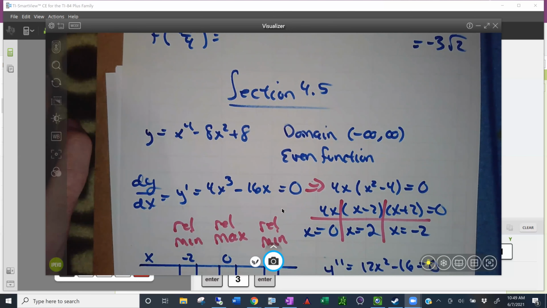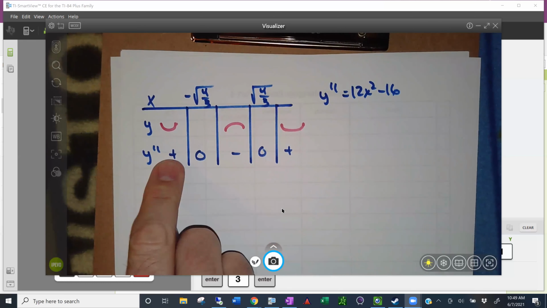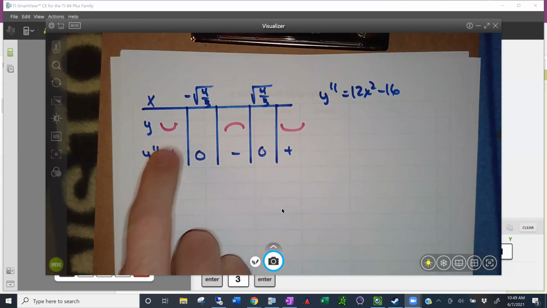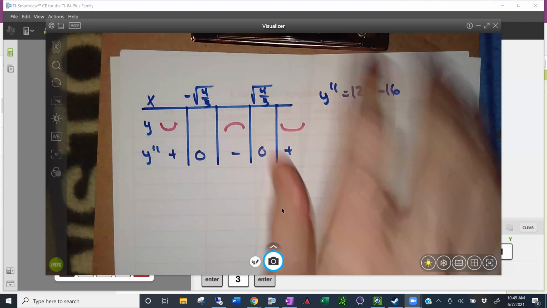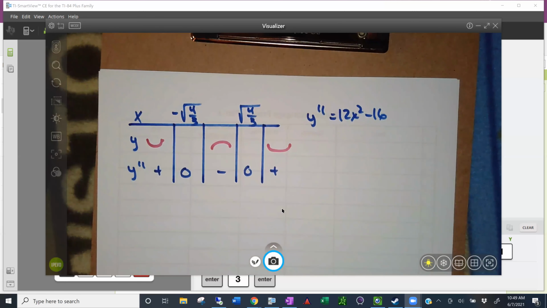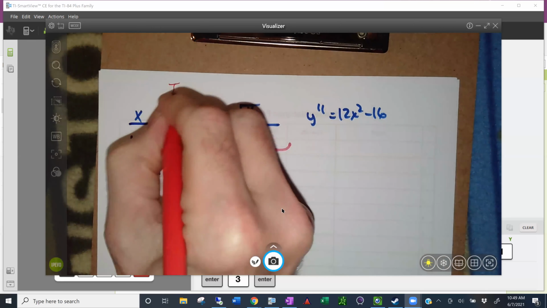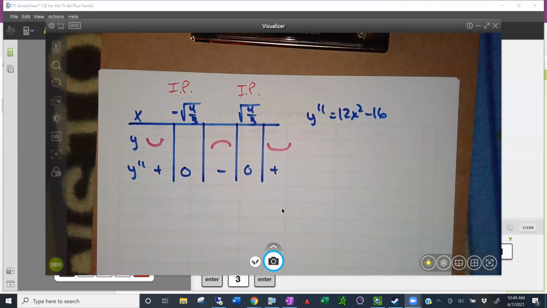So let me go back here. So I think Kennedy was telling us that the plus here reflects that this is concave up, then concave down, then concave up again. So thank you, Kennedy. That makes these inflection points. And let's put that together with the graph.